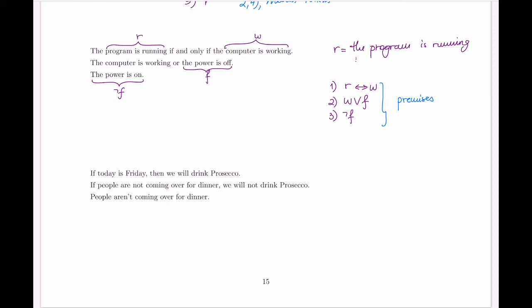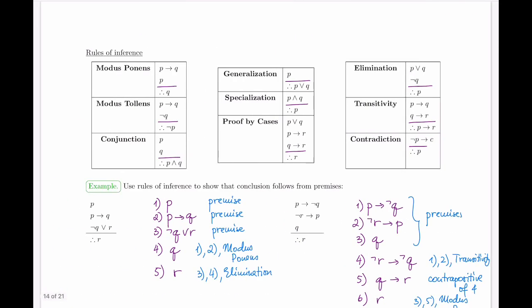Looking at these two together, W or F, and then not F. So I have a disjunction and then a denial, a negation of one of them. If we flip back to our rules of inference here, I will notice that this is exactly the disjunctive syllogism, the elimination. I have an or and then a negation of one of the propositions, which means that I must conclude that the other proposition must be true.